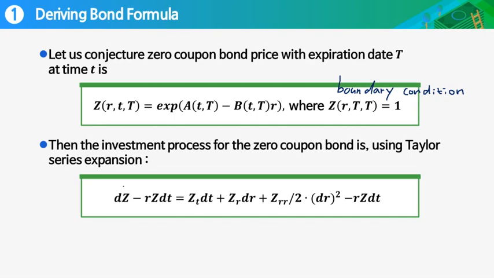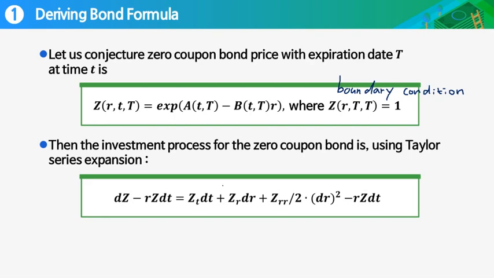Now about this dZ part, you can apply Taylor series expansion. Then this dZ part is Z_t dt plus Z_r dr plus Z_rr over 2 times dr squared. And our cost part, rZ dt, is the same as this one.